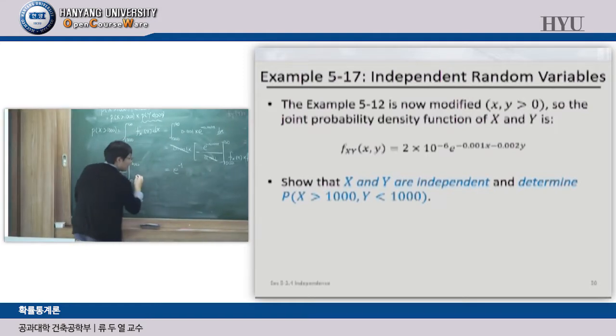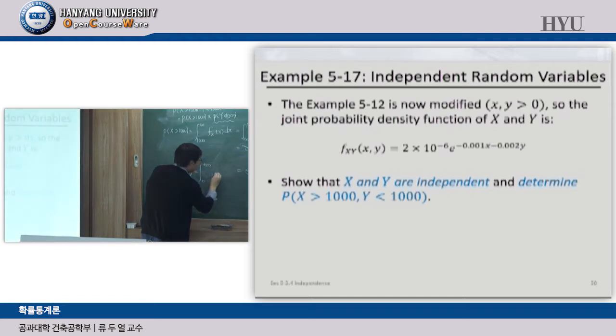So, that is equal to 0.002 times exponential minus 0.002y dy.